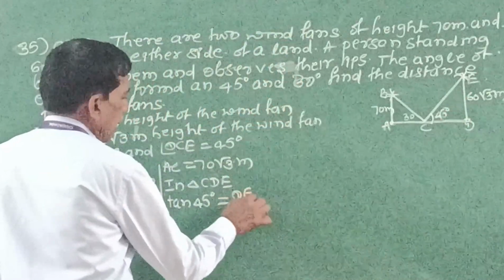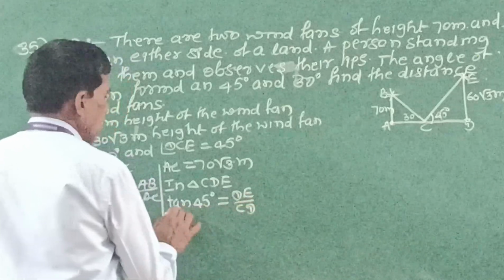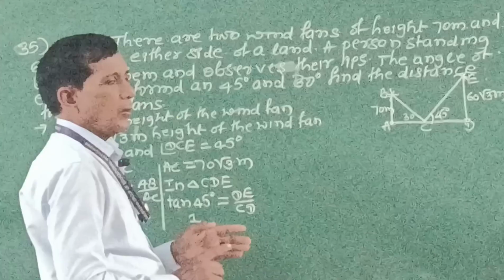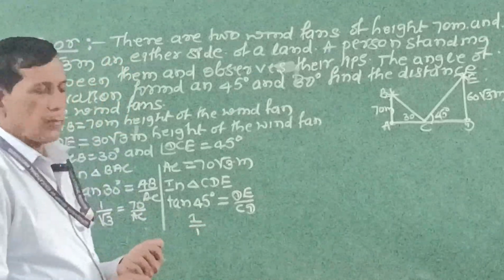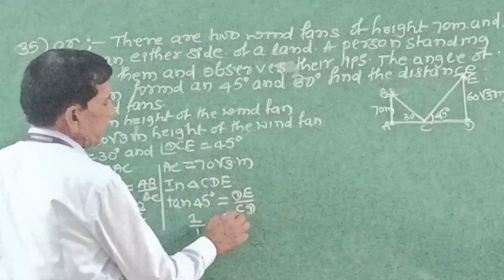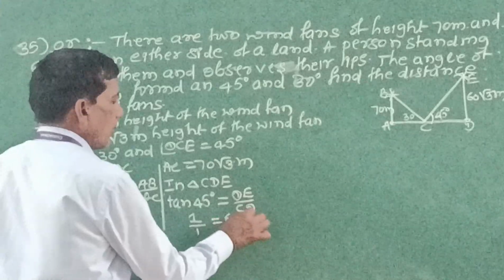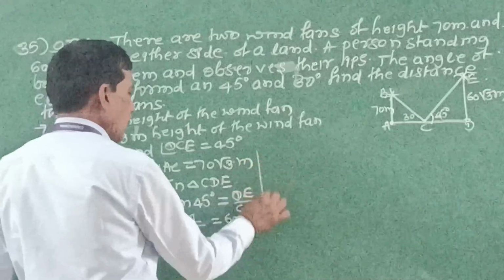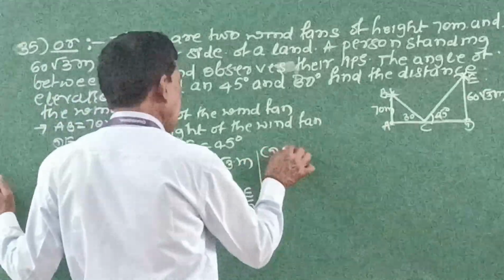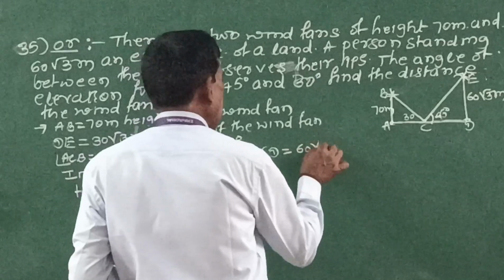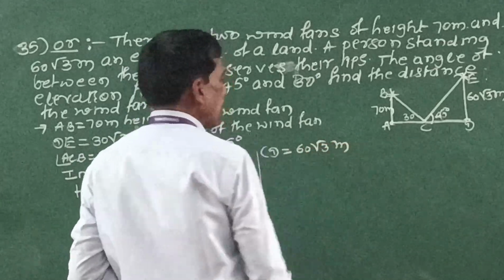Tan 45 degrees is 1, so 1 equals 60 root 3 meters upon CD. Therefore CD equals 60 root 3 meters.